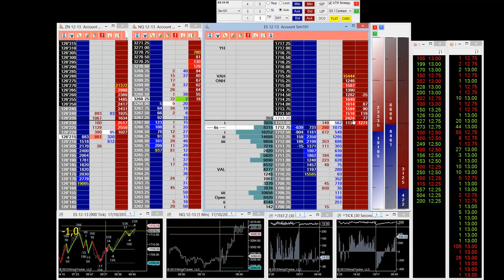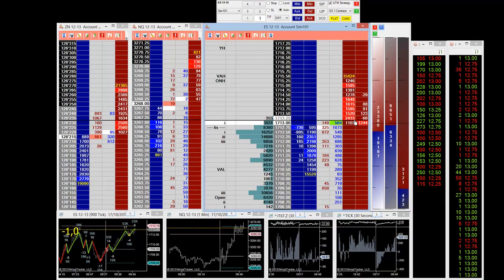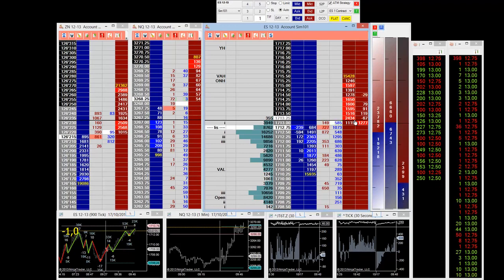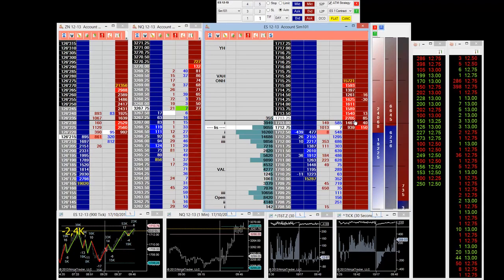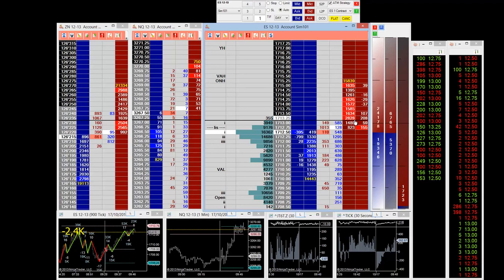So at 17,13.25, I've got just over 2,400 contracts. I'm not going to be able to move up unless those 2,400 contracts either get pulled out of the market or we trade into them. Okay. Now the size of limit orders varies day to day, but it's generally within a range.